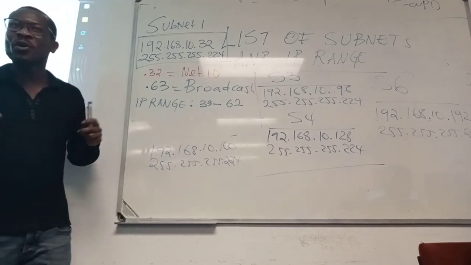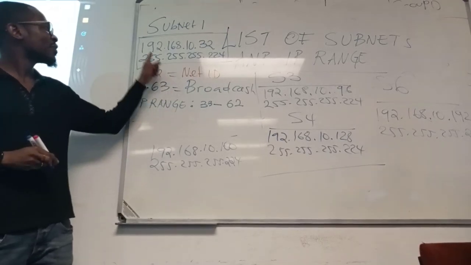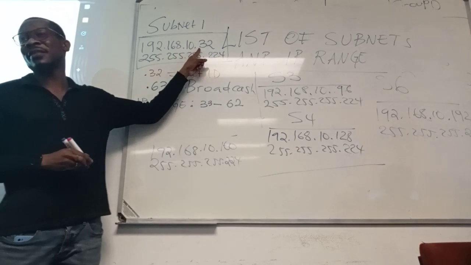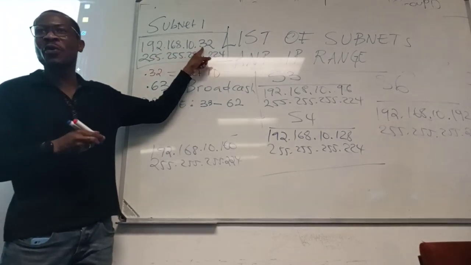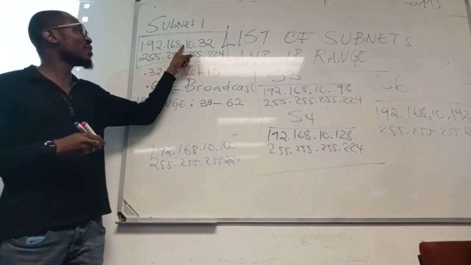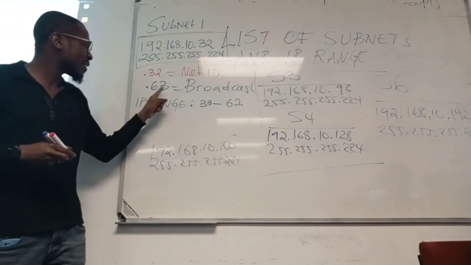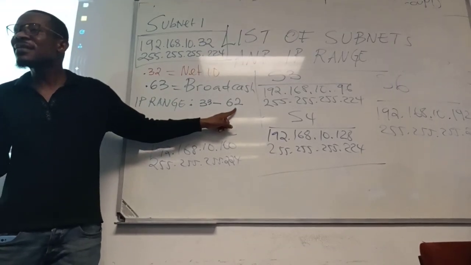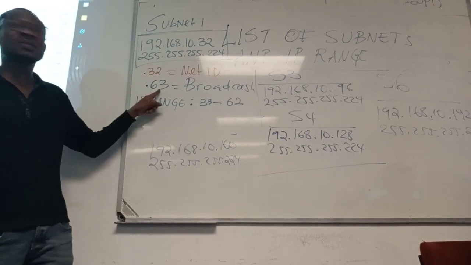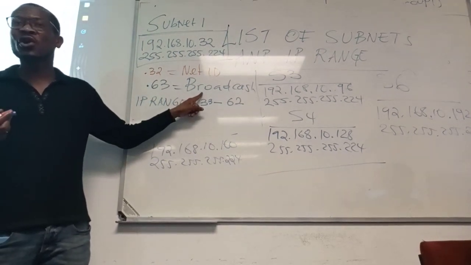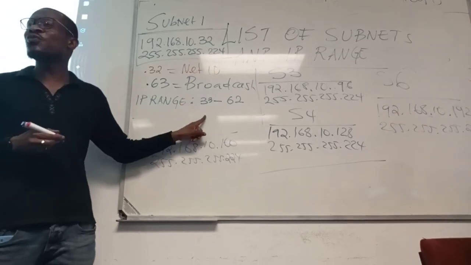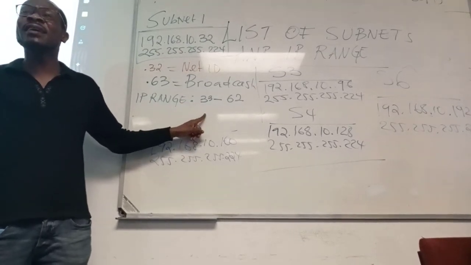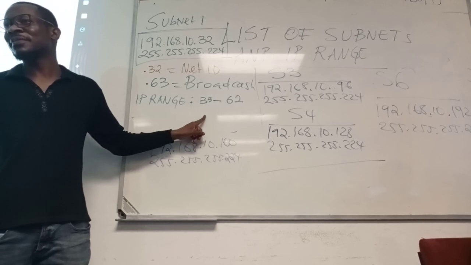So the computers are going to have 192.168.10.33, 192.168.10.34, up to which number? 62. Because 63 is a broadcast for talking to all the devices at the same time. You cannot move to 64 because 64 is another network.